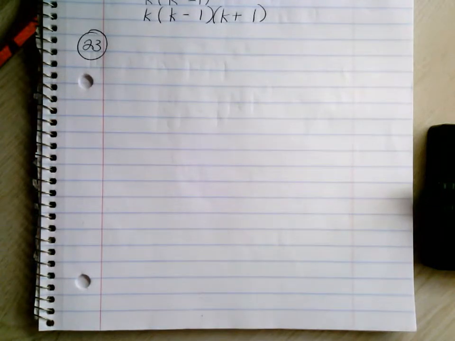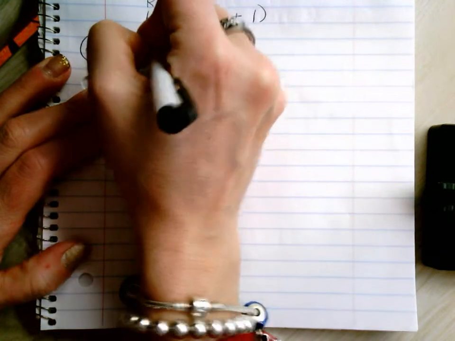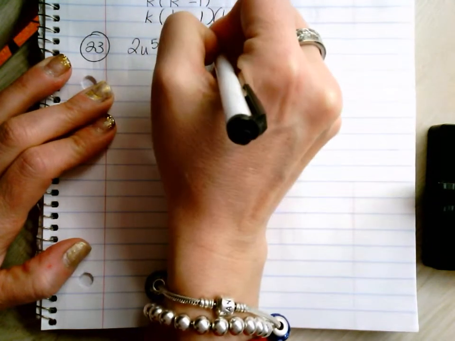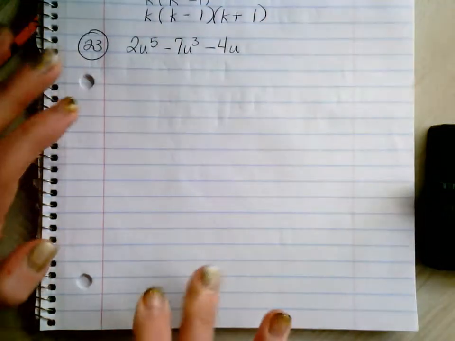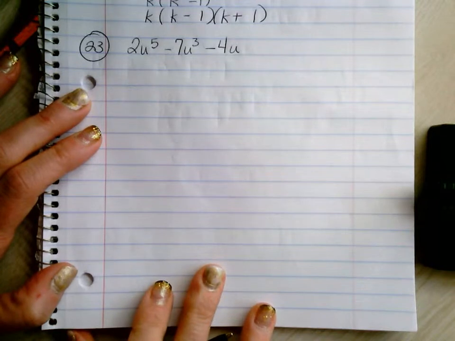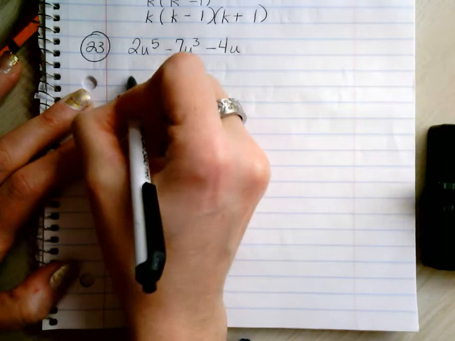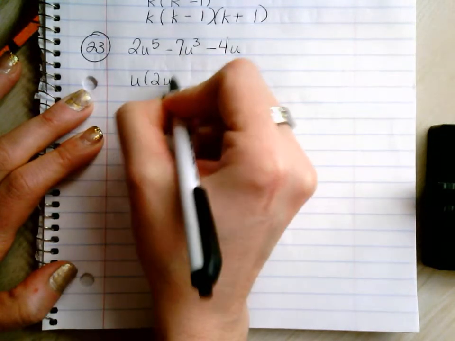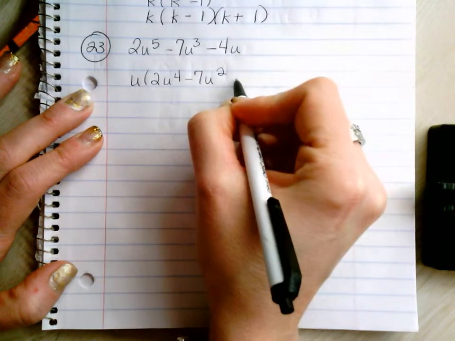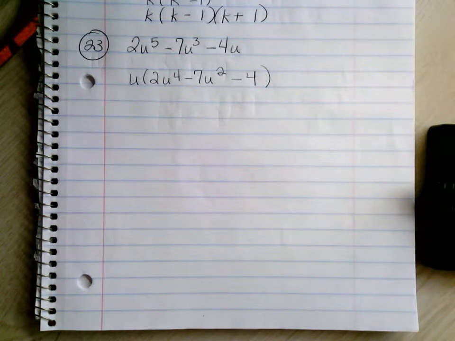23. 2u5 minus 7u cubed minus 4u. So greatest common factor looks like u, huh? Let's start there. All right, u times 2u4 minus 7u squared minus 4. Okay.